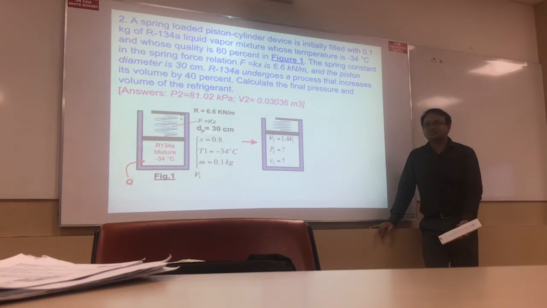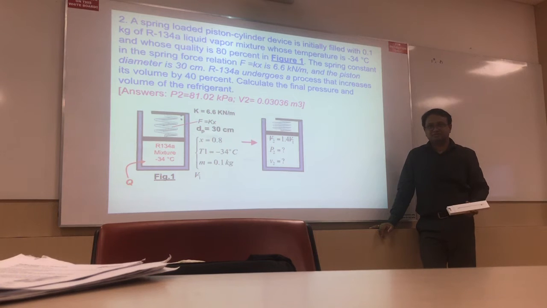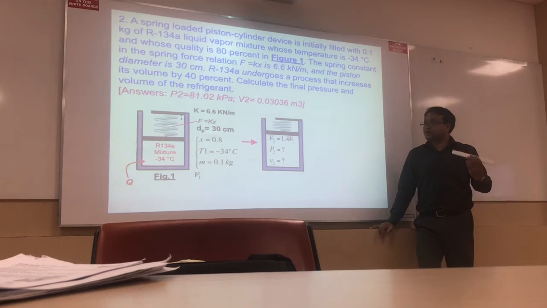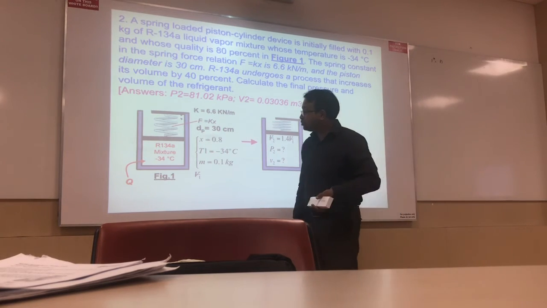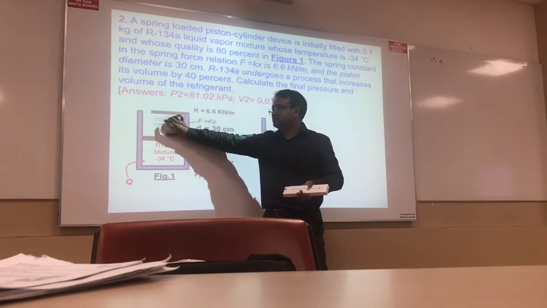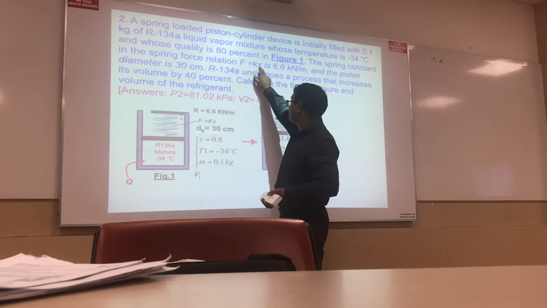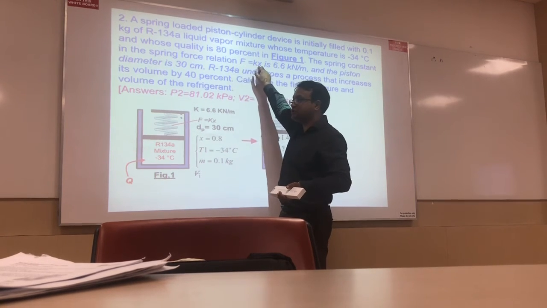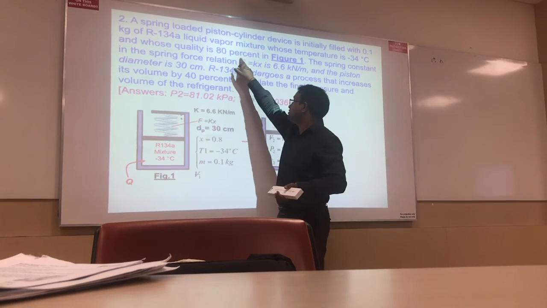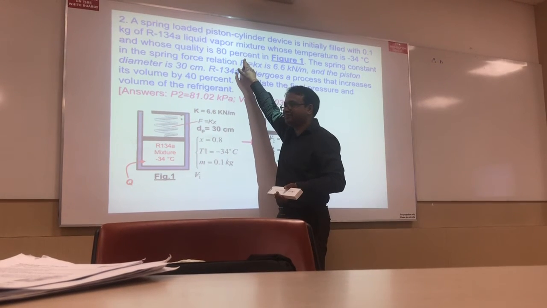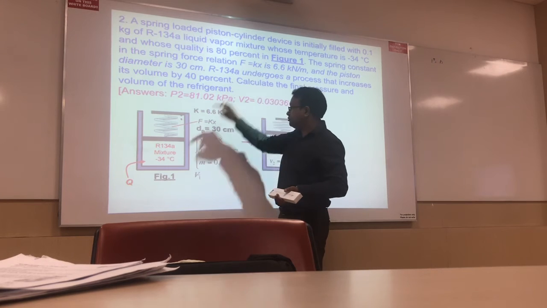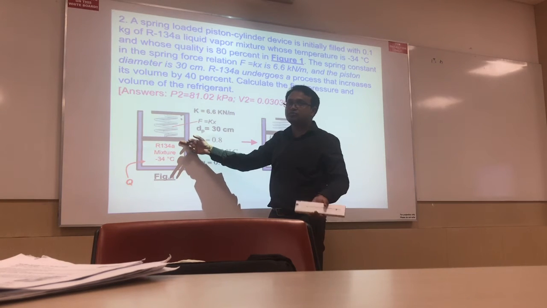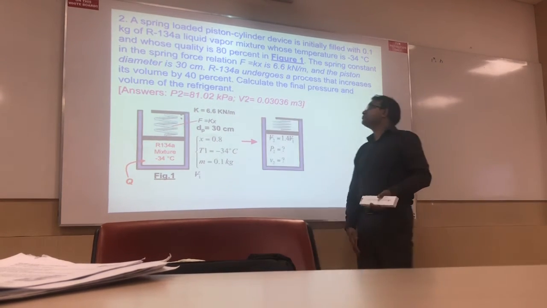I cannot say this is a constant pressure process, right? Pressure changes, right? And pressure changes with respect to spring distance, right? Which is given by this equation. When x increases, this value also increases, right? When x is 0, no spring force. This is the concept.